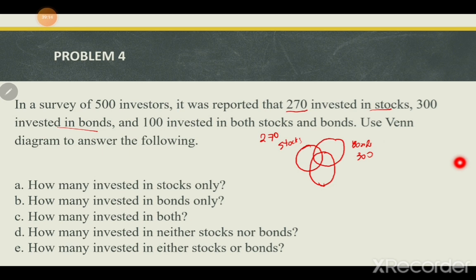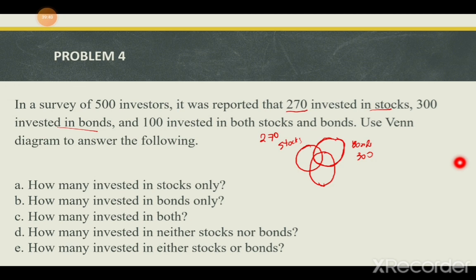Ba't naging 570 siya? Yan nga yung sinasabi ko, guys. Yung 300 na yan is that ito yung buong nag-invest sa bonds, kasali yung mga both nag-invest sa stocks at nag-invest sa bonds.